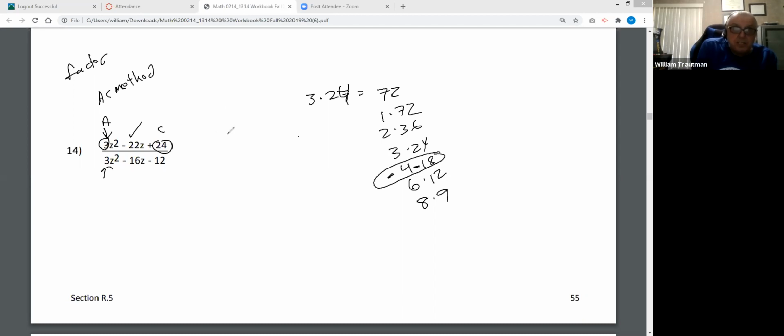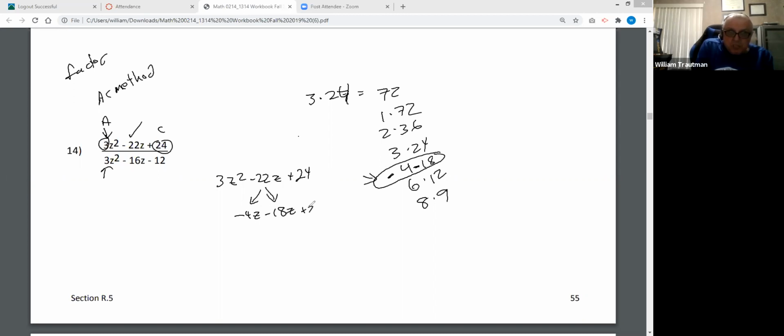So I'm going to put it down here because then I'm going to erase it. 3z squared minus 22z plus 24. I hate z's because they look like my 2's. So this splits up to negative 4z minus 18z.